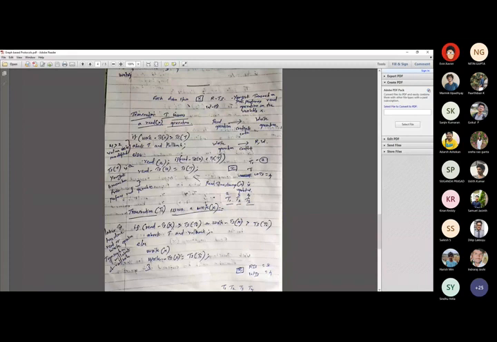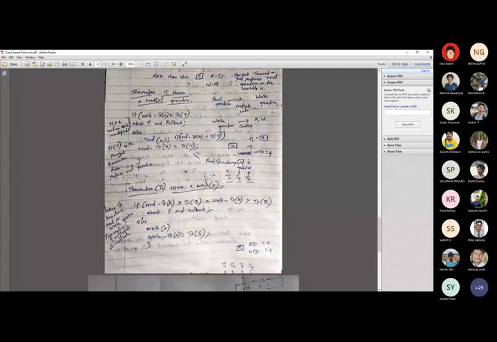Whereas if the read timestamp of a particular data item is less than timestamp of a transaction, you are going to assign the timestamp of the transaction to the read timestamp, right?